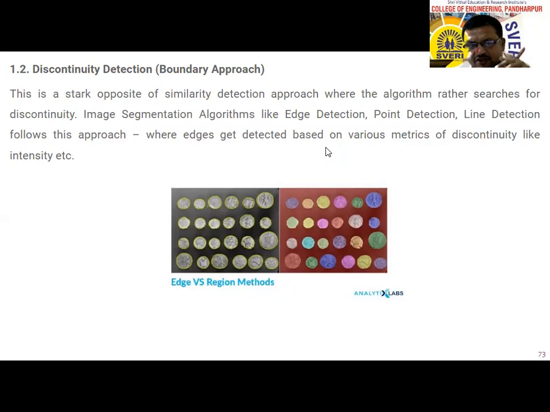Image segmentation algorithms like edge detection, point detection, and line detection follow this approach, where edges get detected based on various metrics of discontinuity like intensity. Therefore, this is edge versus region methods, the boundary approach.